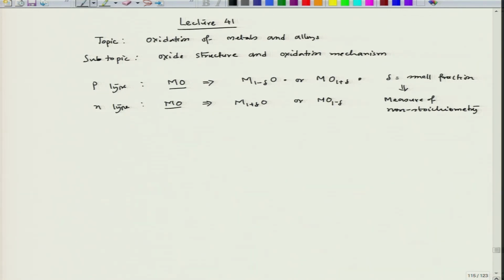Now, out of that we started discussing M1 plus delta O, which is an n type oxide.